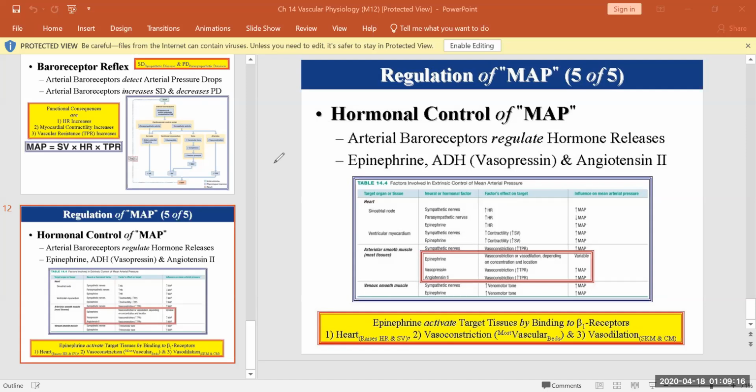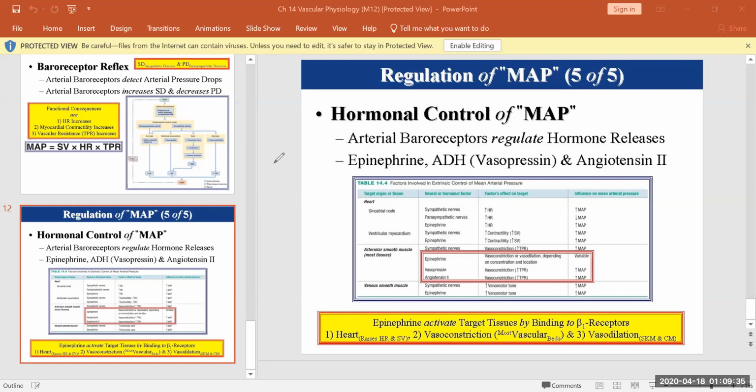So beta-1 receptors are located physically in the cell membrane of pacemaker cells, autorhythmic cells, or in the plasma membrane of an actual contractile cardiomyocyte, cardiac muscle cell.